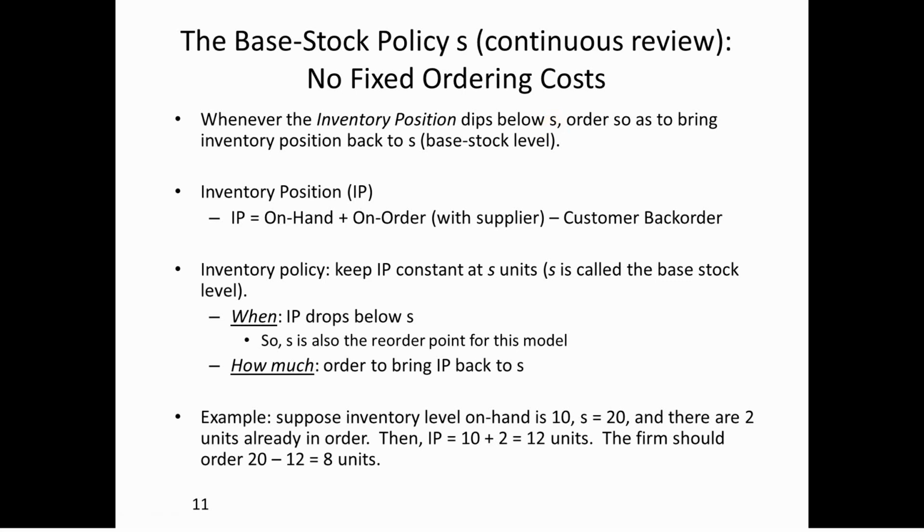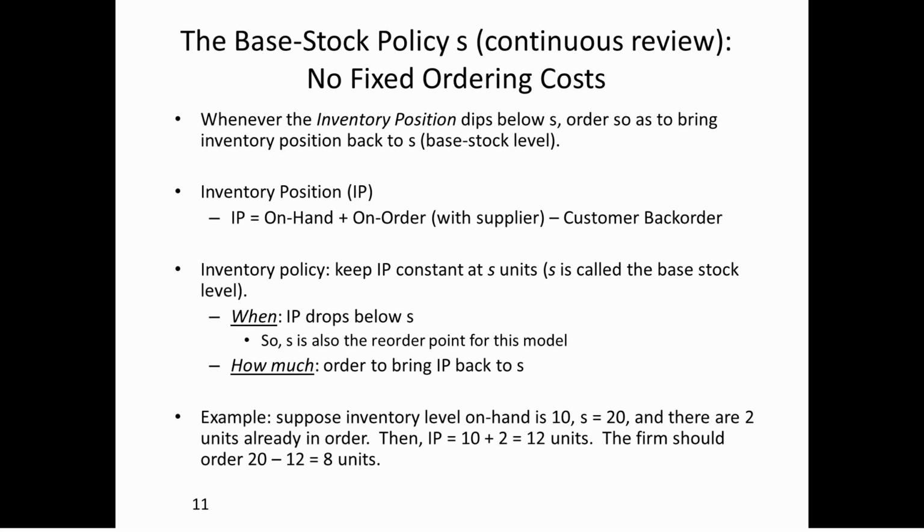So this is going to answer when do we need to order, because we're going to continuously monitor our inventory, because remember, it's variable demand, so we don't know exactly when it's going to drop below our base stock level S. But as soon as it does, we want to order enough to bring our inventory level back up to the base stock level, because once it drops below S, then I won't have enough on hand to maintain an inventory over the lead time.